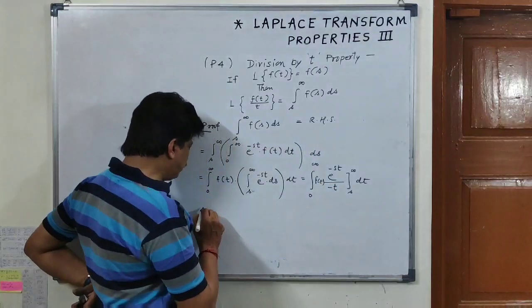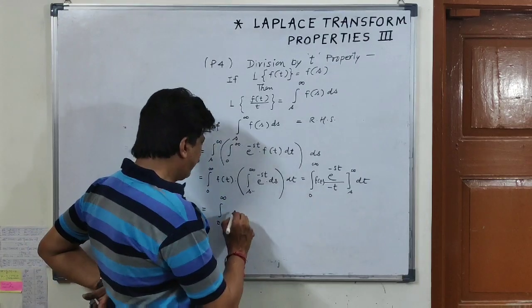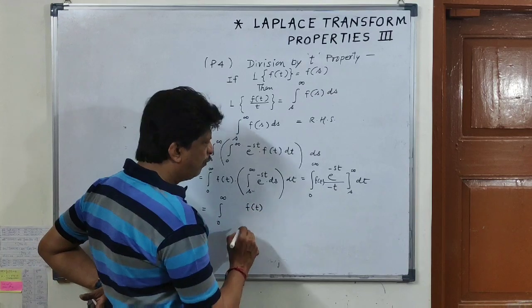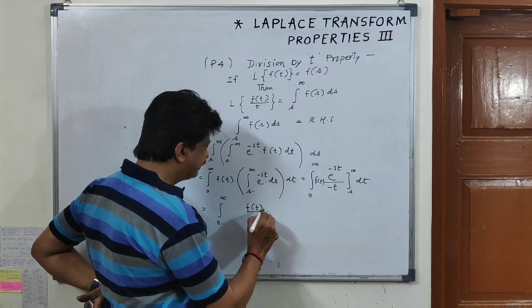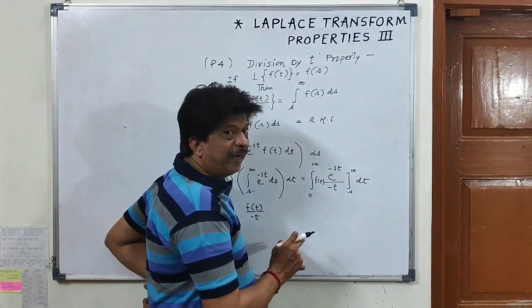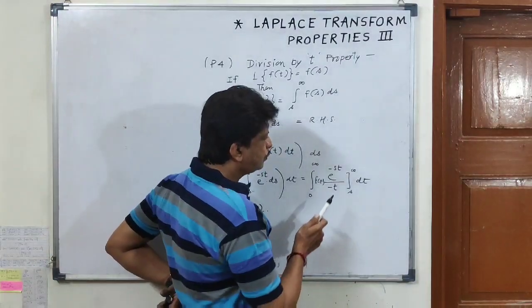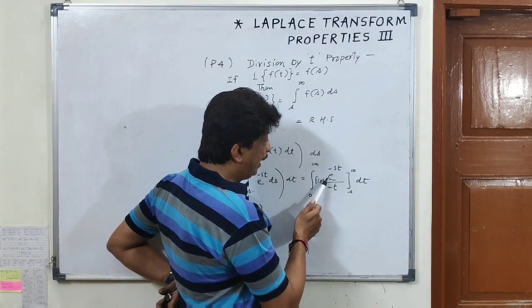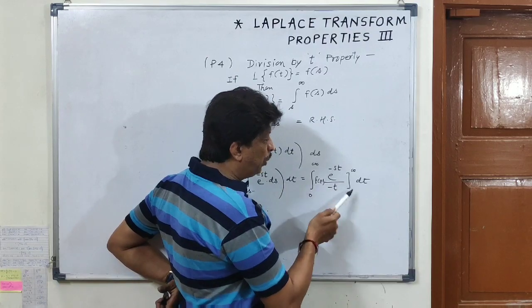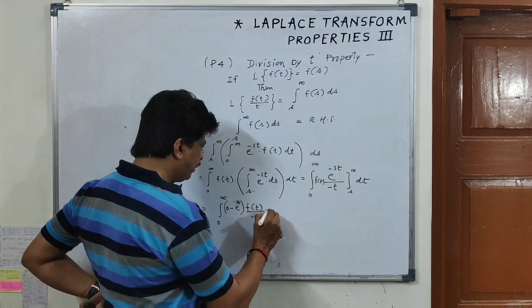So that is further equal to integral 0 to infinity f of t by t into minus, now e raised to power minus infinity is 0, minus e raised to power minus st, dt.